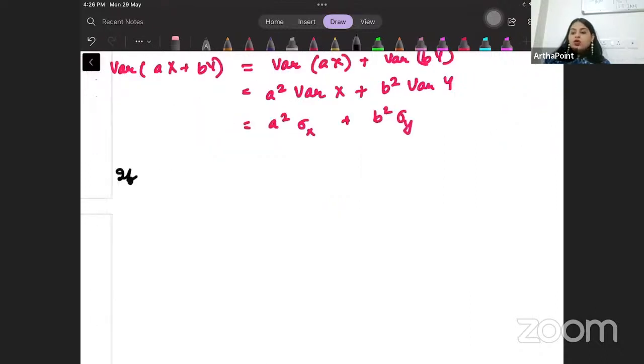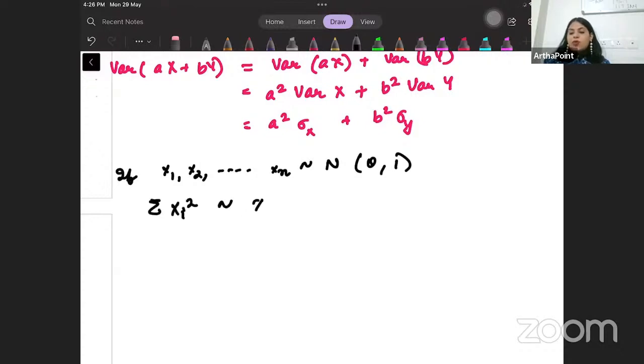If you have x1, x2 till xn, and these are normally distributed with mean 0 and variance 1, then summation xi square should be chi-square distributed with mean n and variance 2n. The degrees of freedom of this will be n, right?